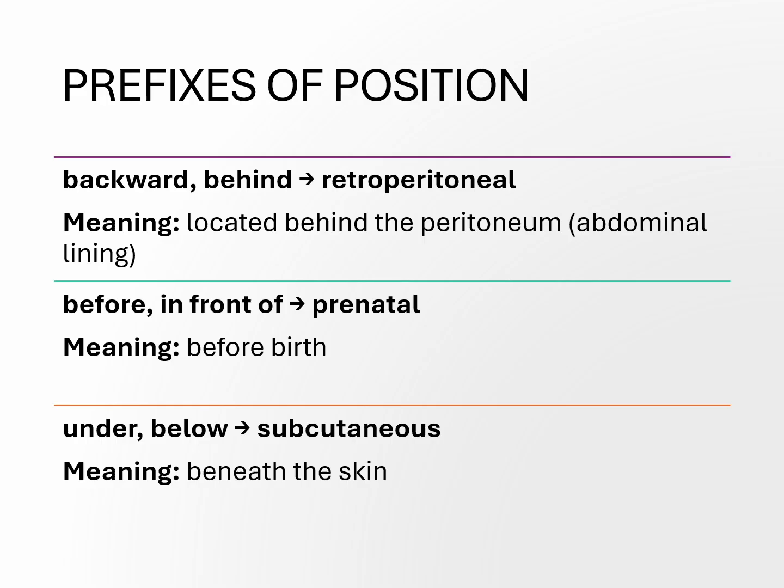Here's some examples. Retroperitoneal means located behind the peritoneum, which is your abdominal lining. Prenatal means before birth. Subcutaneous means beneath the skin.